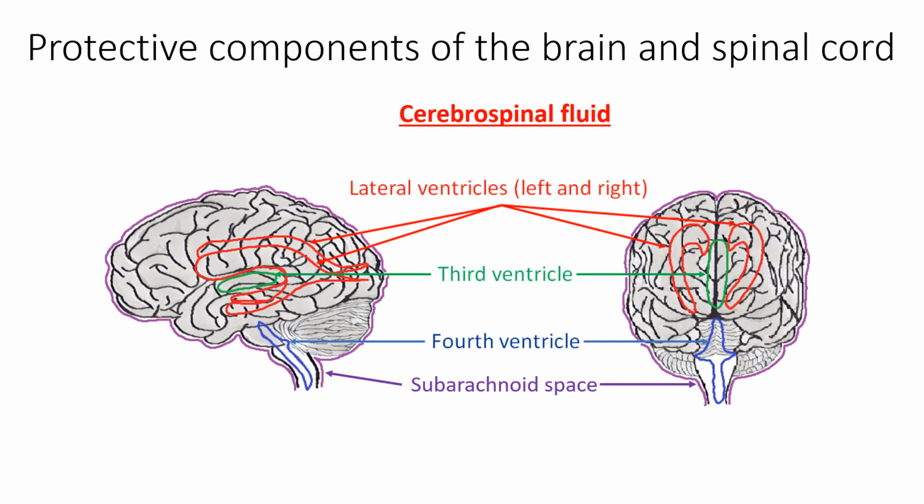It picks up metabolic wastes from the nervous tissue and is then reabsorbed into blood along with the metabolic wastes. This blood is then filtered out by the kidneys. It also acts as a liquid cushioning for the brain and the spinal cord.